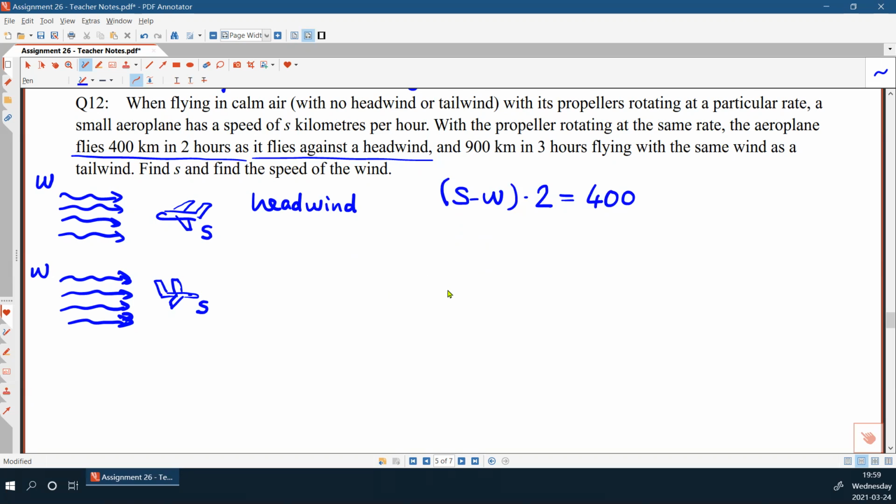The second piece of information: the airplane flies with the same wind as a tailwind. Now the speed is S plus W, right?